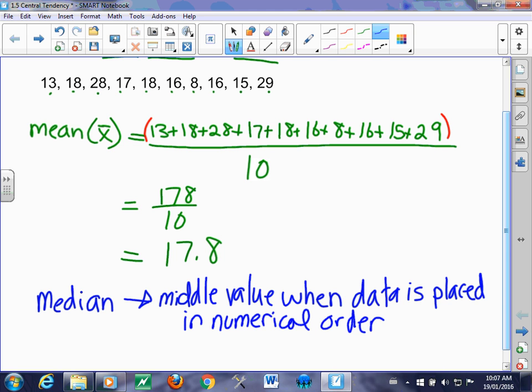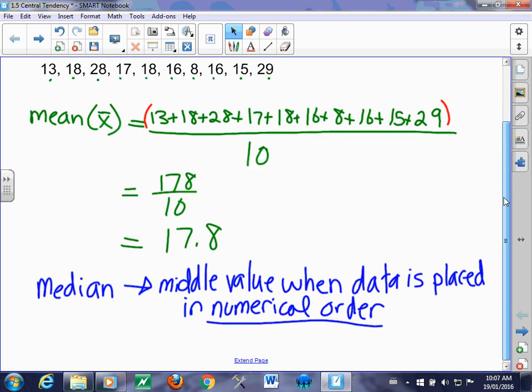Numerical order means you either go from greatest to least or least to greatest. I prefer to go from smallest to largest. Okay, so you got to be careful when you're doing this, folks. So I will just put this like this, and then I will do them.